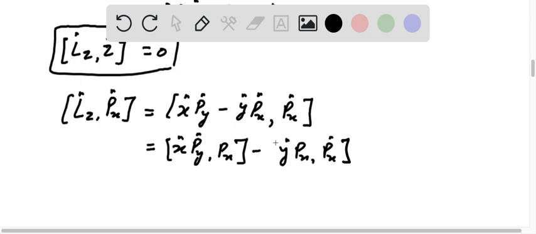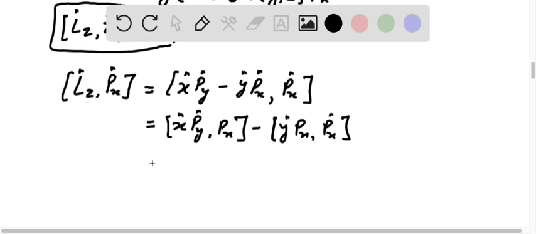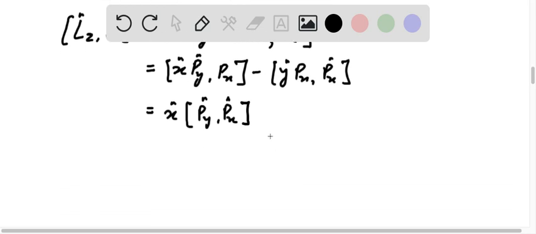Again use that identity, that means x [py, px] plus [x, px] py.